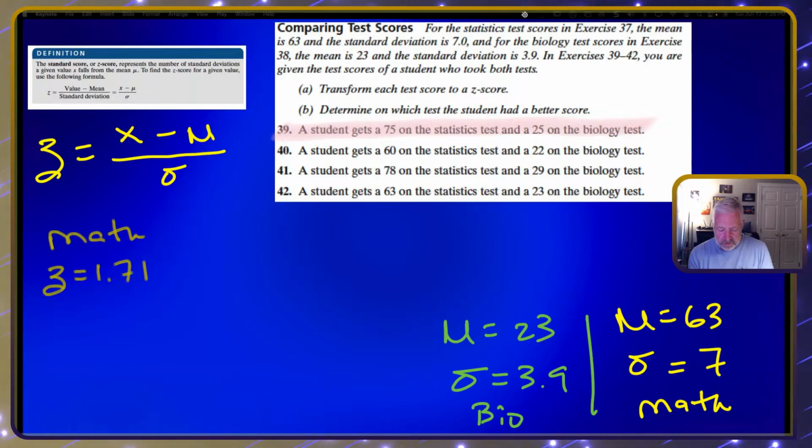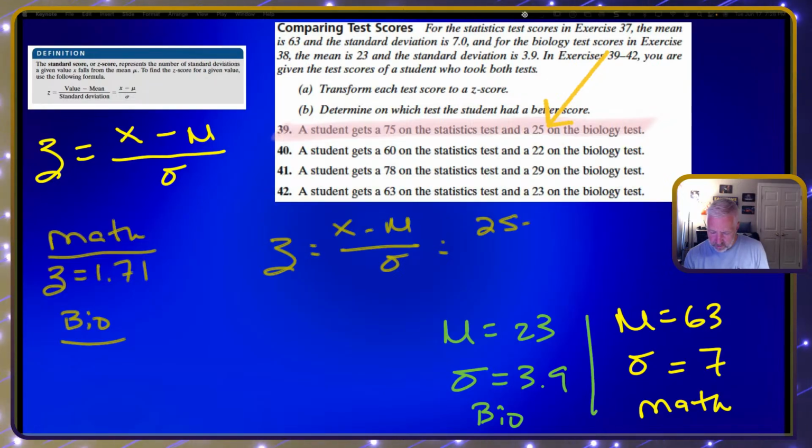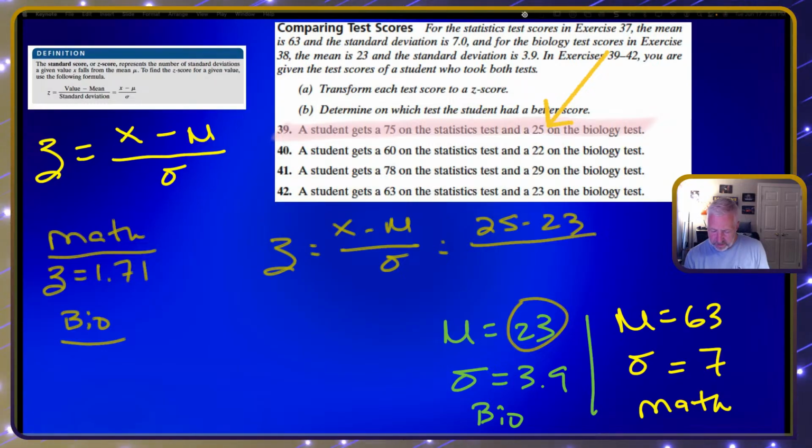So for bio, let's determine what that is real quick. So the z-score is equal to x minus mu divided by the standard deviation, right? The x in this case is 25. There it is. So now we go 25 subtract 23, given here, divided by 3.9.